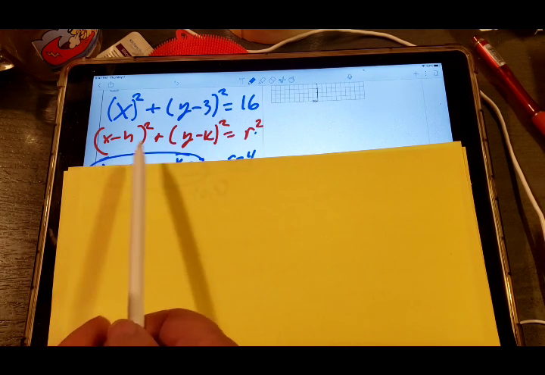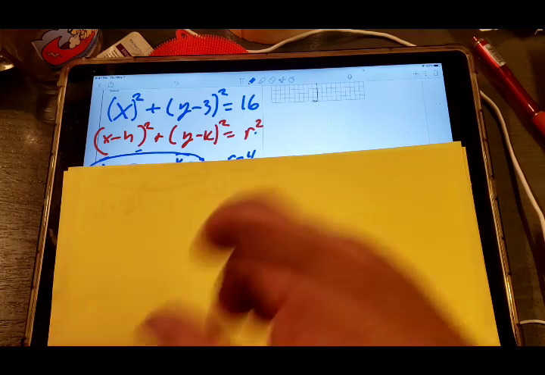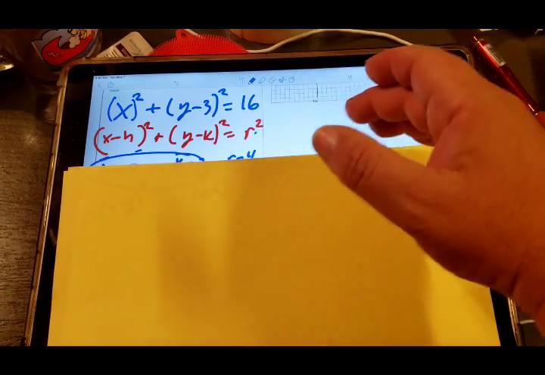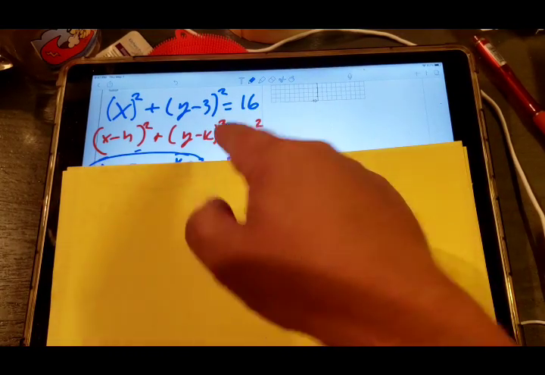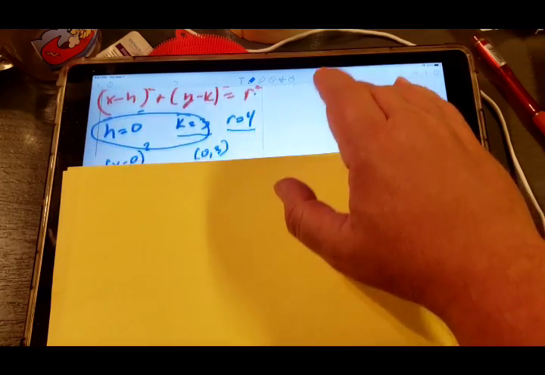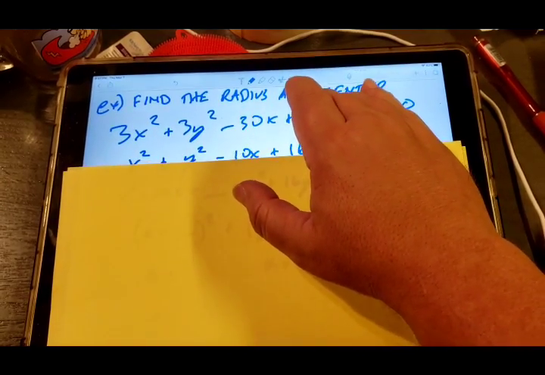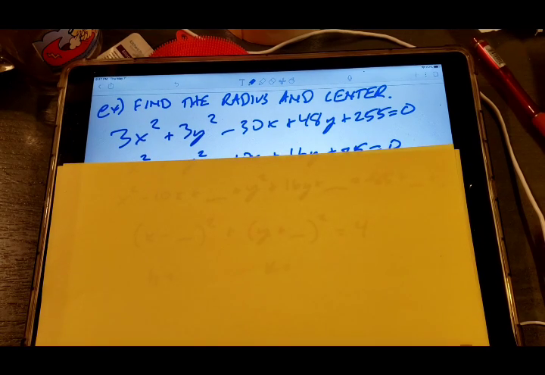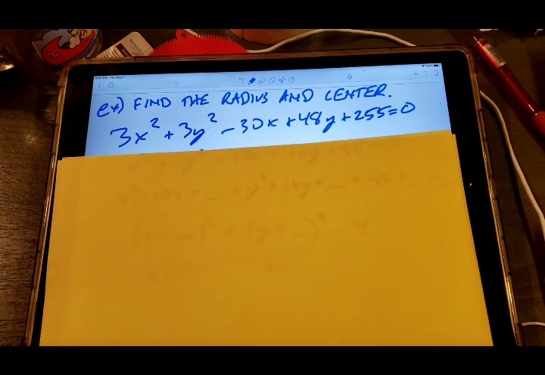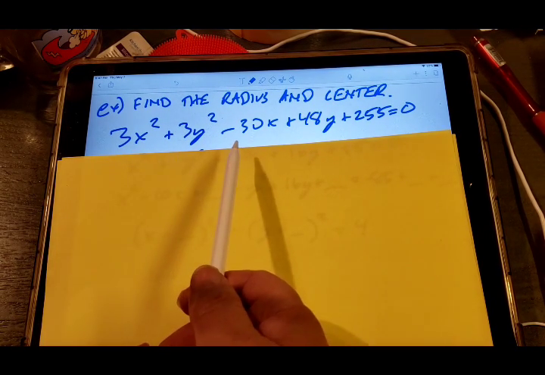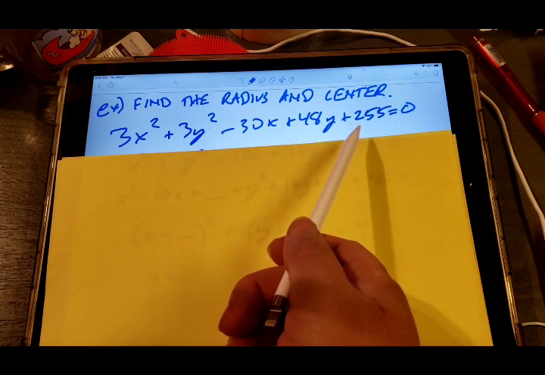That's our goal. Our goal is to make something that doesn't look like this look like that. We got to put it in that form. All right, so here's the question with some fairly big numbers: 3, 3, 30, 48, 255.